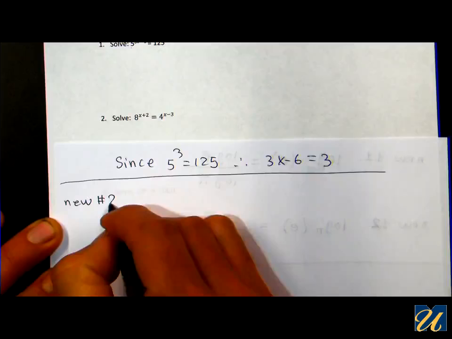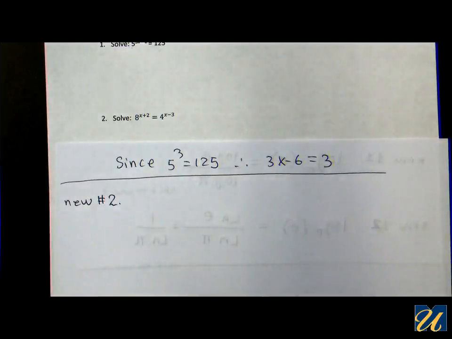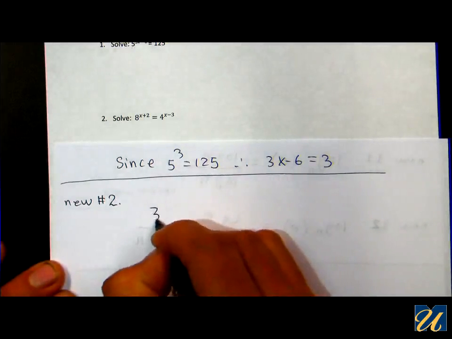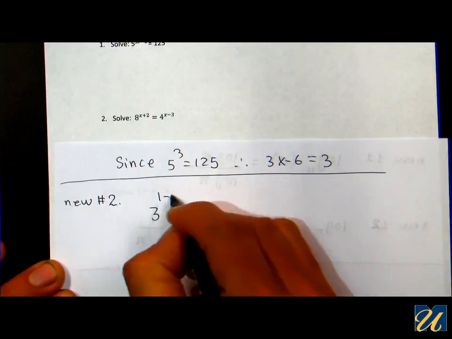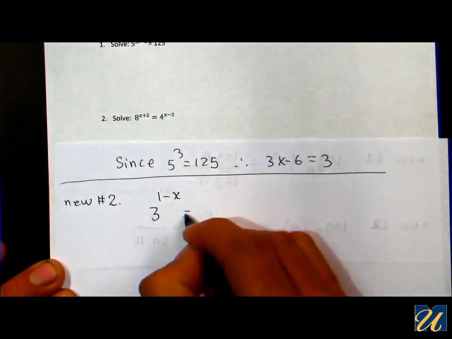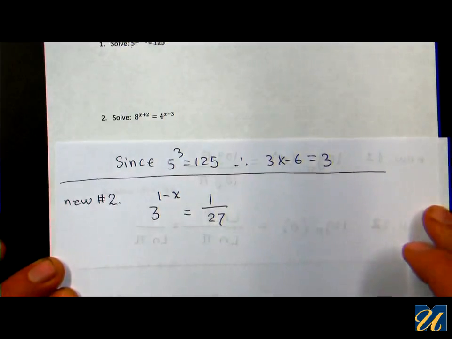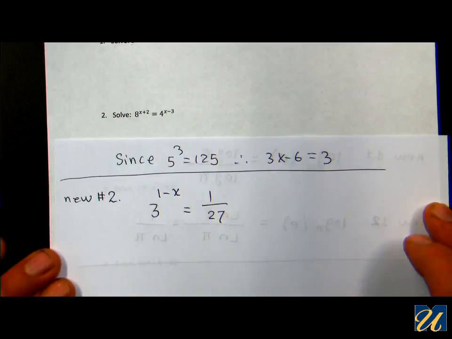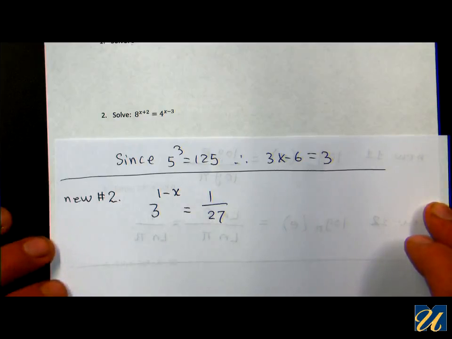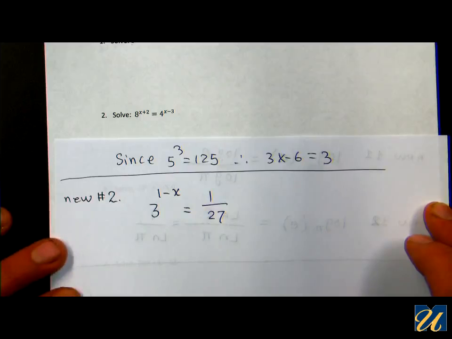New problem number 2. How about something a little different? 3 to the 1 minus x power equals 1 divided by 27. Is this a problem that needs logarithms, or is this a problem where we can make like bases on either side?